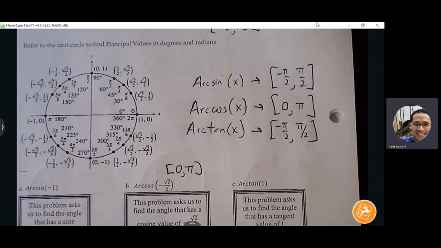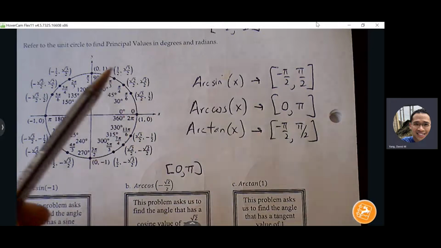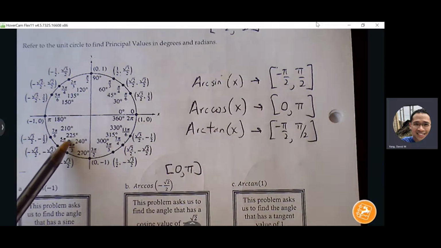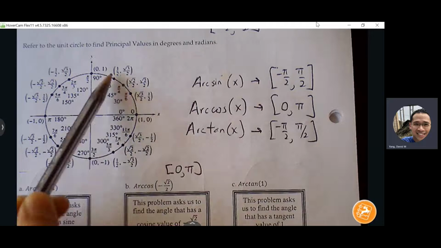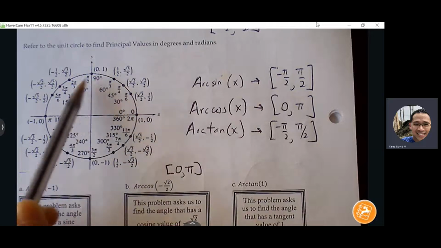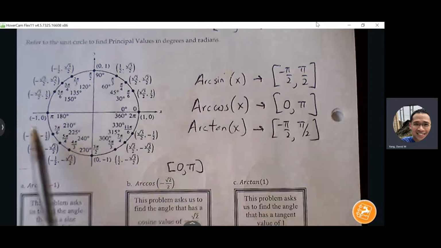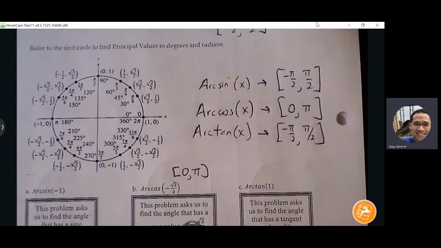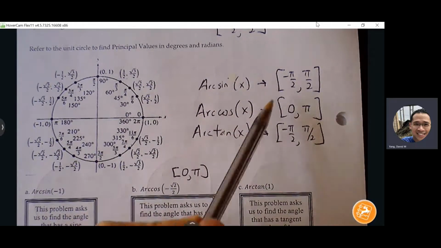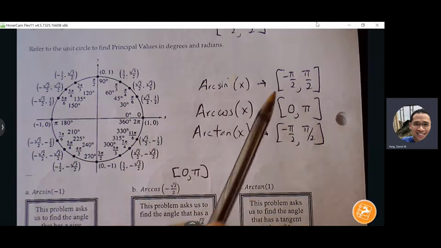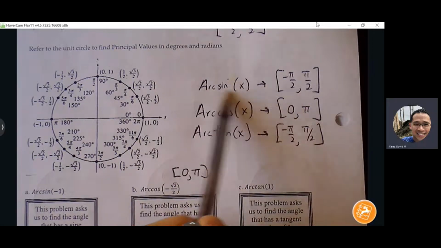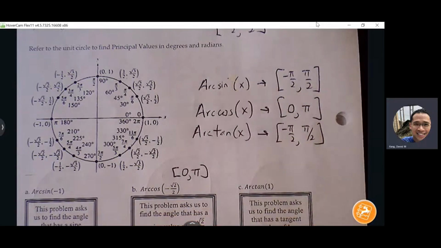What happens when it's in like a third quadrant? I'm sorry? How about when it's in the third quadrant? Well, we're not going to identify the third quadrant because we can find everything that we need within the other quadrants. And the reason why we don't look at the third quadrant is because it's not part of the restriction for our domain. If we look at the third quadrant, then your arc trig function is no longer a function.